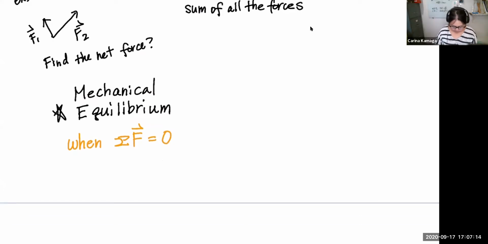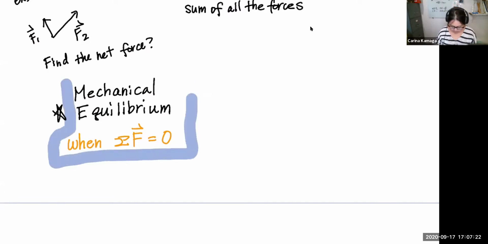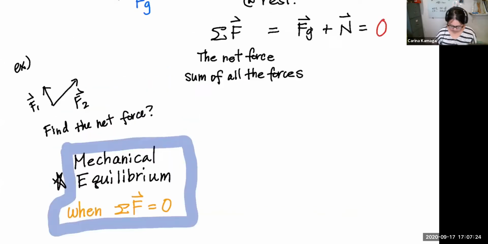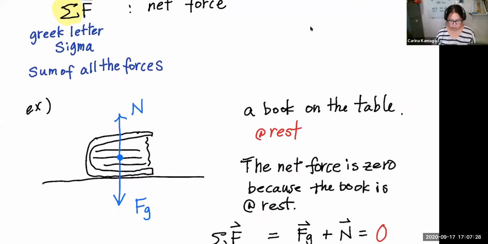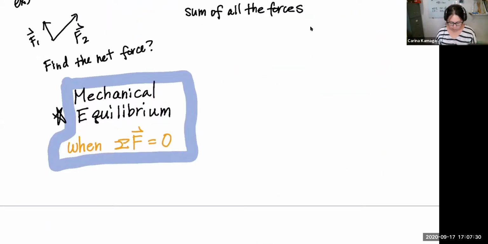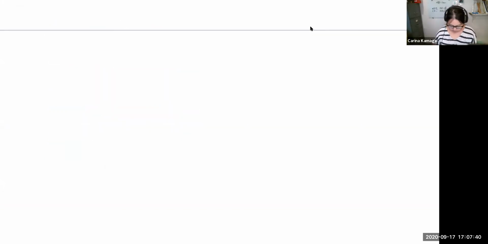Okay. So I'm going to highlight it. It's very important. This is also important too, but the net force is also important. And mechanical equilibrium means that the net force is equal to 0. So go to the next page.